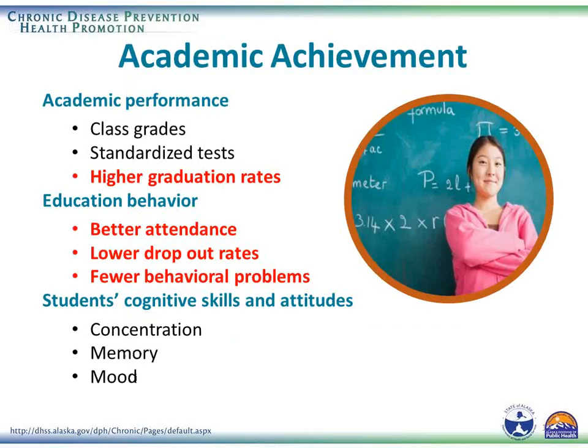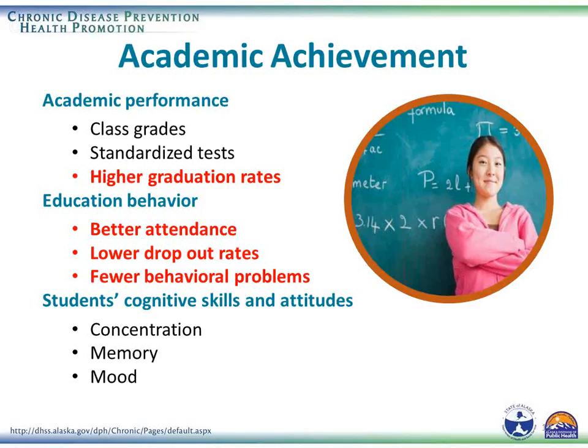So let's look at academic achievement a little bit. These are what's very important in the educational system. There are 3 aspects to academic achievement, as you can see: performance, behavior, and cognitive skills. All of these aspects are important.